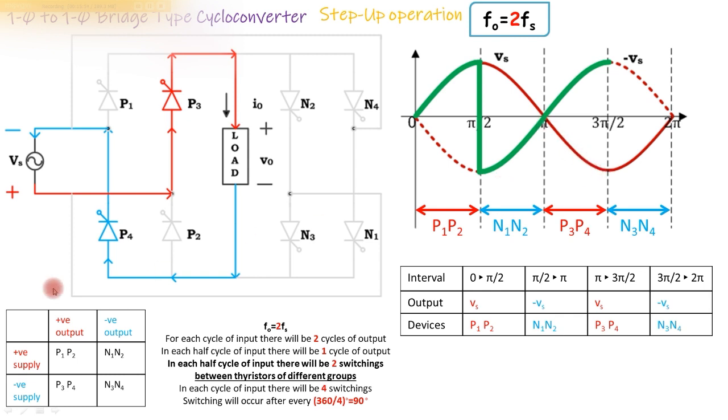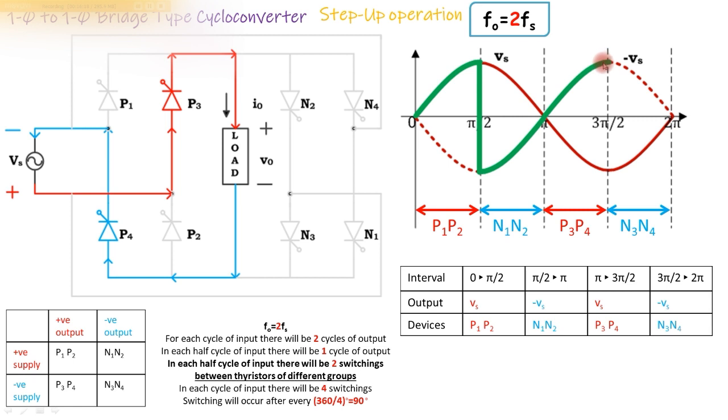So in this duration the supply is negative but the output has to be positive, so we fire P3 and P4. As soon as P3 and P4 are fired, the current flows in the direction marked by these arrows. So we can see the output is positive in this case. So the output is shown like this.